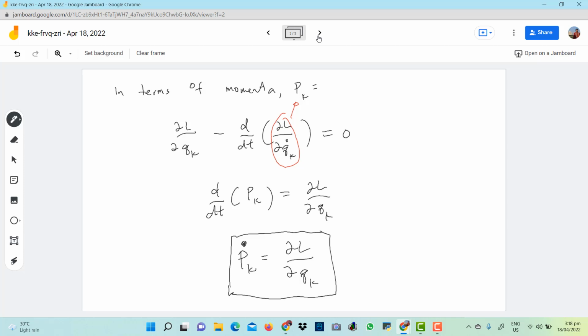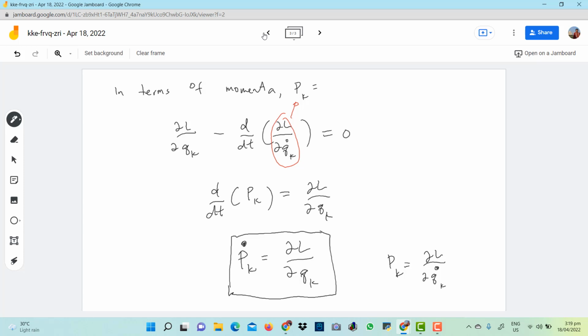So pk is partial L with respect to q dot, right? While pk dot is partial L with respect to q. So there is this ignorable case: if your Lagrangian is not a function of the generalized coordinate q, then pk dot is equal to 0, and it also means that your momentum is constant.